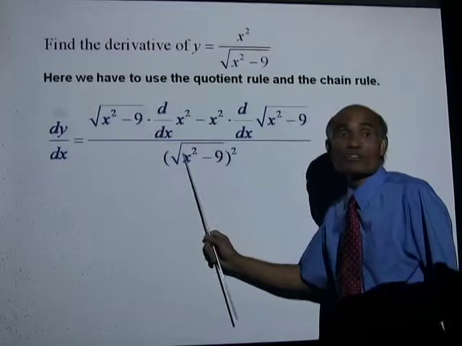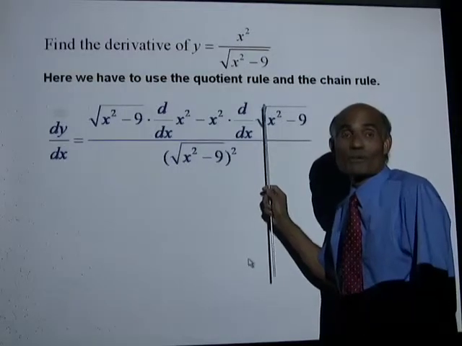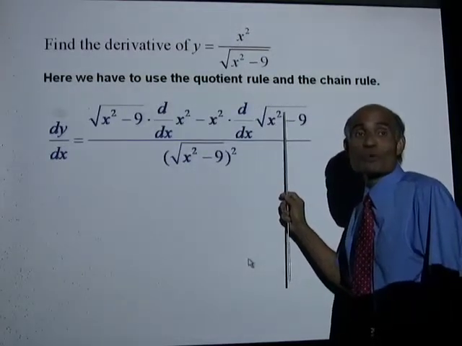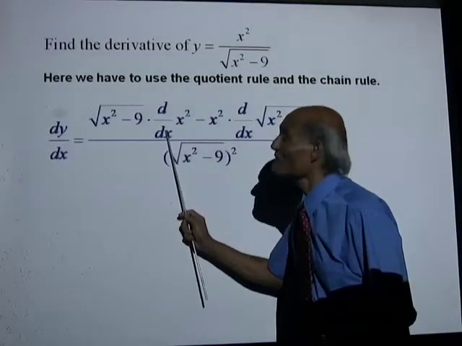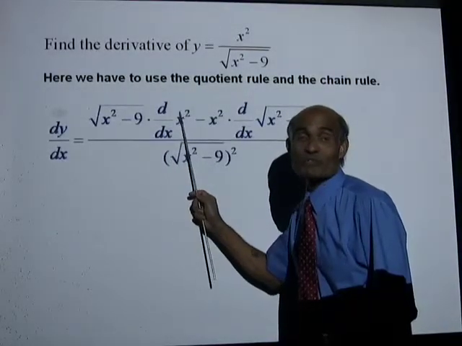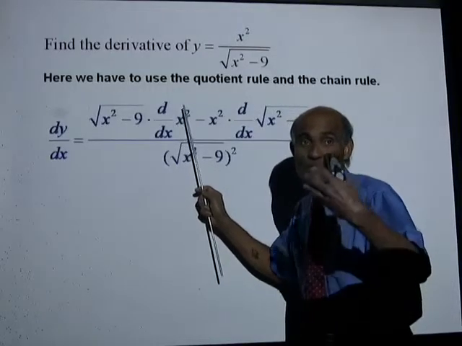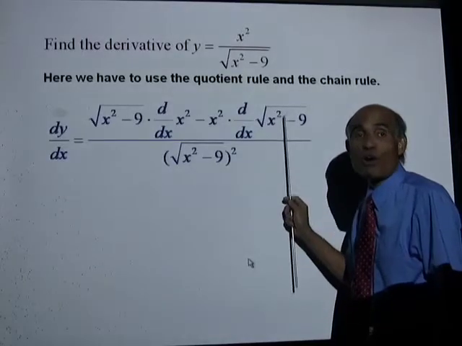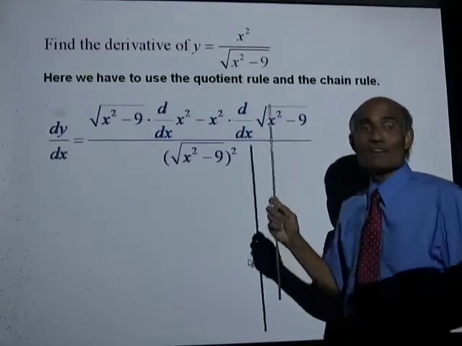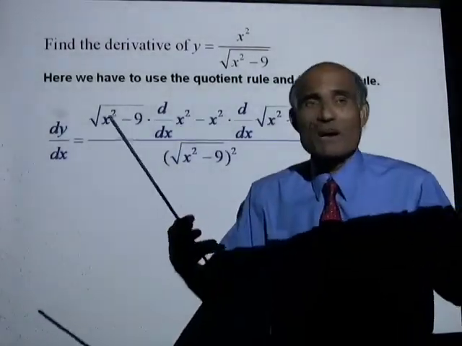Well, most of these you have no trouble. This is where the chain rule is going to be applied. All right, what is the derivative of x squared with respect to x? That'll be 2x. Let's talk mentally first. What is the derivative of square root of this quantity? Now remember, we've talked about this many times.